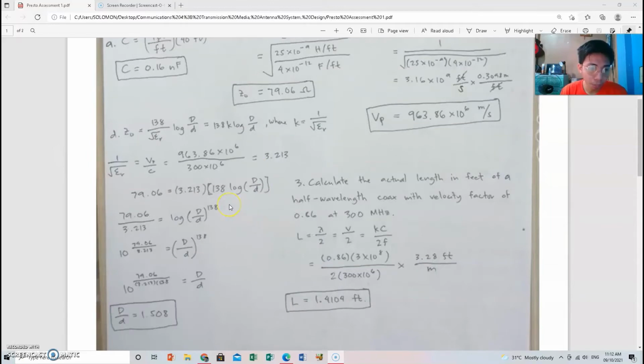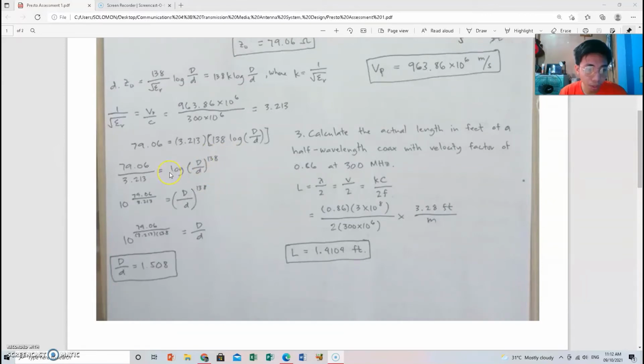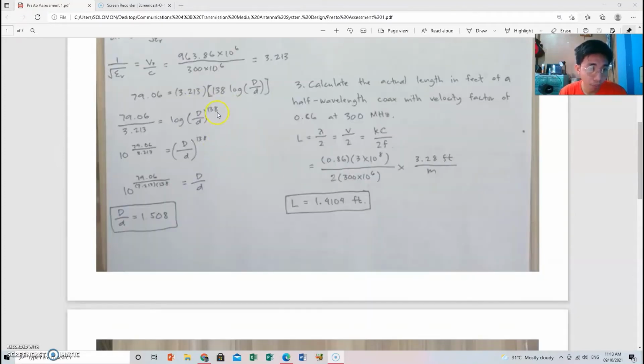By some algebraic manipulation, we divide both sides by 3.213, and it becomes 79.06 over 3.213 equals log d over d, to the power of 138. By the rules of logarithm, the coefficient will be an exponent.